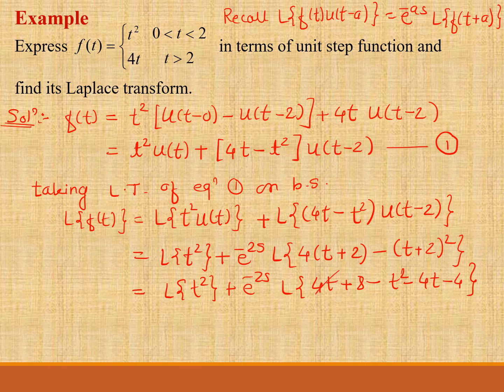So plus 4t minus 4t get cancelled, and Laplace of t square is 2 upon s cube, plus e raised to power minus 2s Laplace of 8 minus 4, that is 4. So 8 minus 4 is 4, and Laplace of 4 is 4 upon s, and Laplace of minus t square is minus 2 upon s cube.